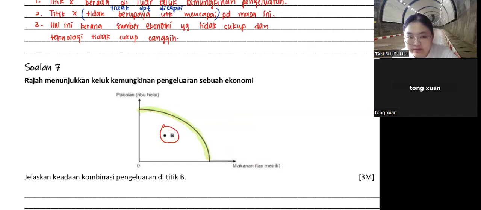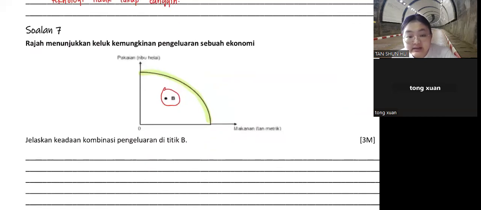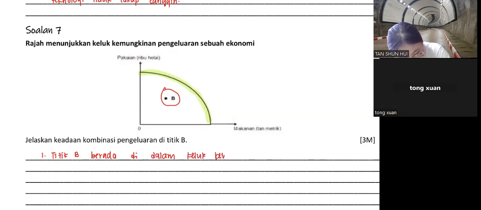I'm wasting. All right. So see, the first mark you got to tell me they are inside the curve. So titik B berada di dalam keluk kemungkinan pengeluaran. Alright, it's inside.